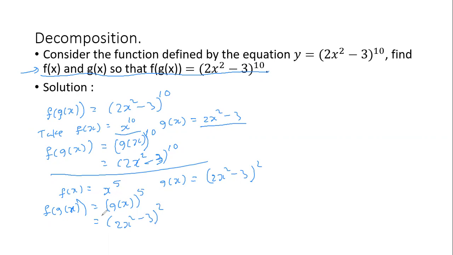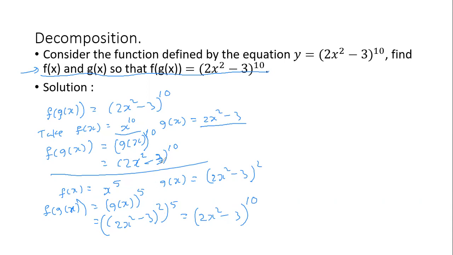This is g(x), this to the power 5, which is what we get: (2x square minus 3), this to the power, exponent to the power, we multiply exponent and outside power, 2 times 5, 10. So again, we get the required composite function.